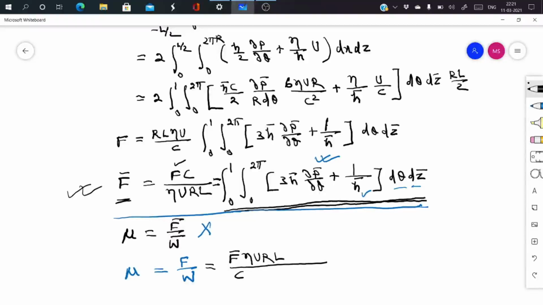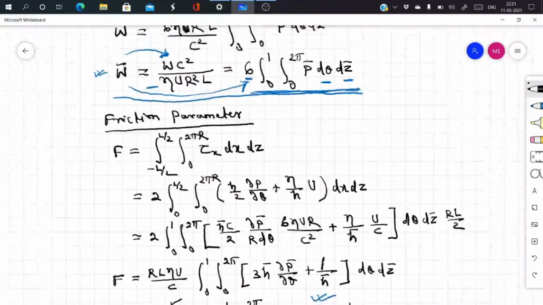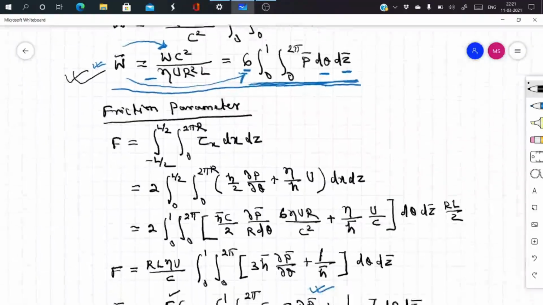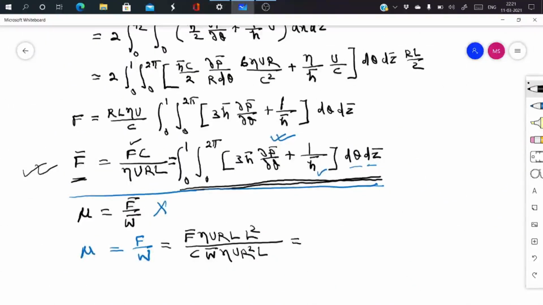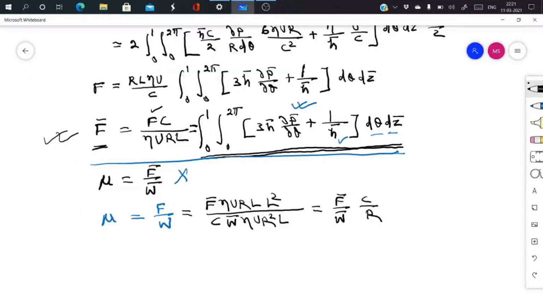Similarly, substitute W bar from the W expression: W bar eta u L r square L, here L square. Now finally what will we get? F bar by W bar C by R. So take C by R to the left side and make it R by C, equal to F bar by W bar.